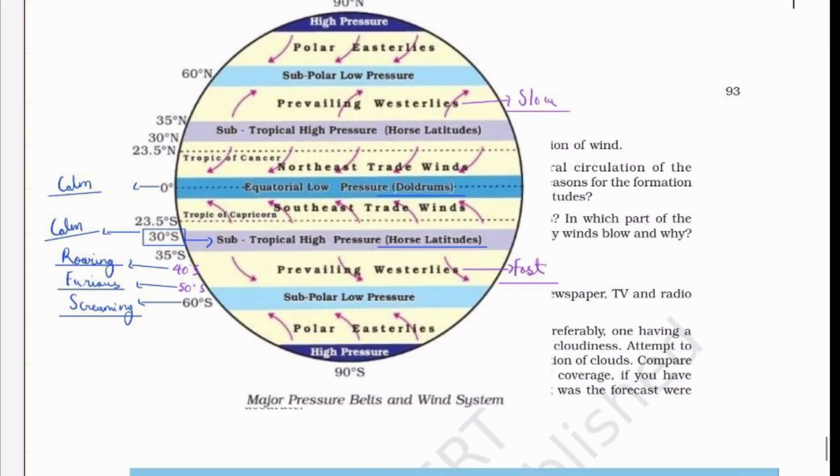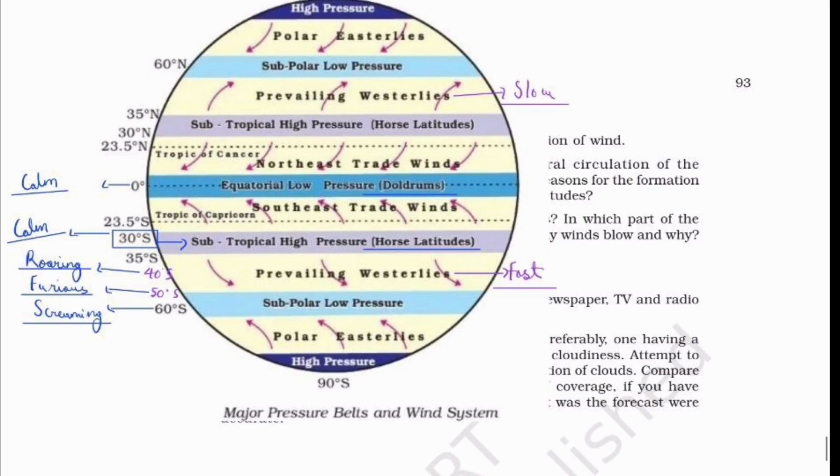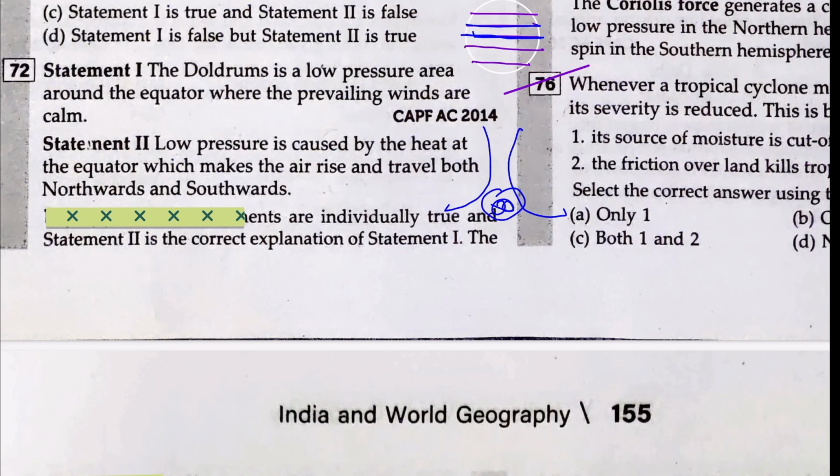You see this? This is doldrum, low pressure area, very calm. This is high pressure area, horse latitude, very calm. Okay, now this is over. Now let's solve this question.